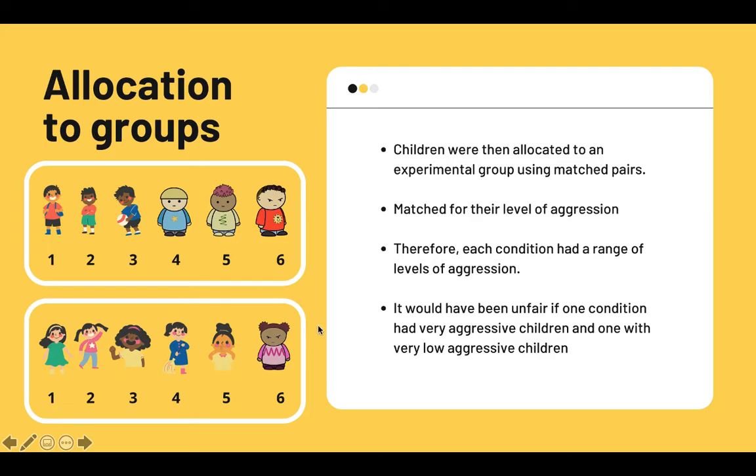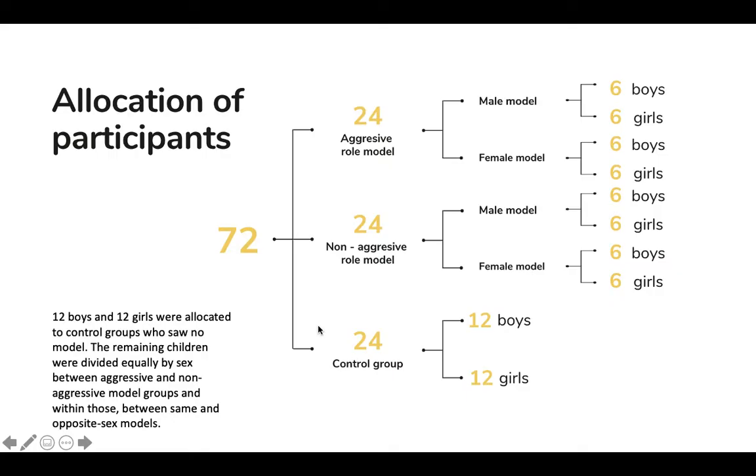We don't want that. Now there were 72, remember, 36 boys, 36 girls. 12 boys and 12 girls were allocated to the control group, which saw no model. So 12 boys here, 12 girls here. The remaining children were divided equally by sex between aggressive and non-aggressive model groups, and within those between the same and opposite sex models.